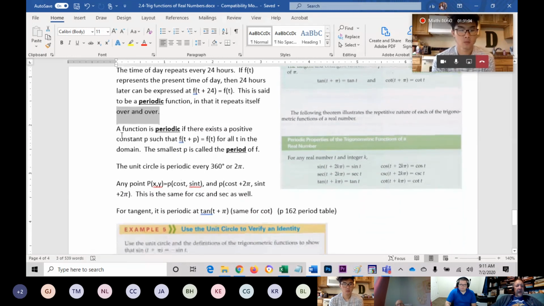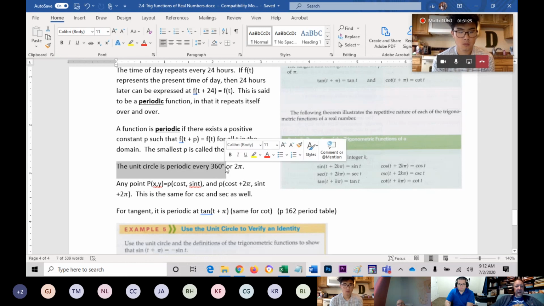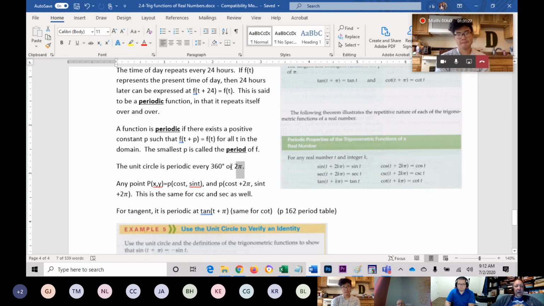A function is periodic if there exists a positive constant p such that f of t plus p equals the original f of t for all t in the domain. The smallest such p is called the period of your function f. The unit circle is a periodic function that repeats itself every 360 degrees, or every 2 pi.